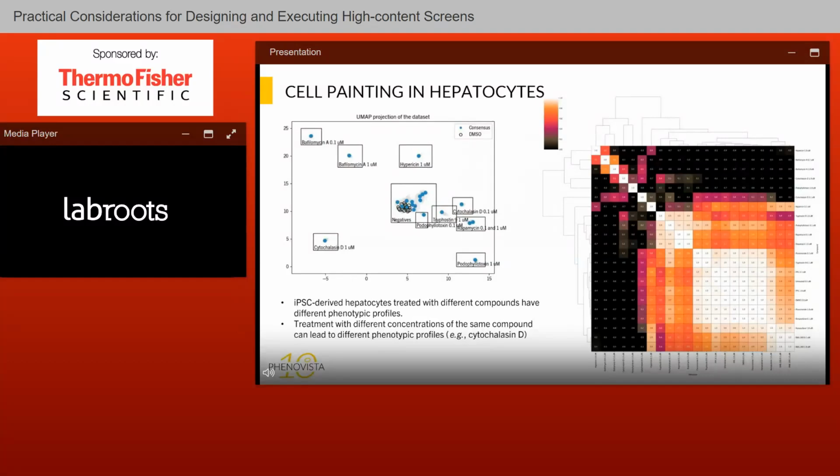It uses the multivariate output, so it could be 4,000 measurements performed on each cell, and so it gives you a very intricate fingerprint, which then can be used to put compounds with similar fingerprints in the same bucket.